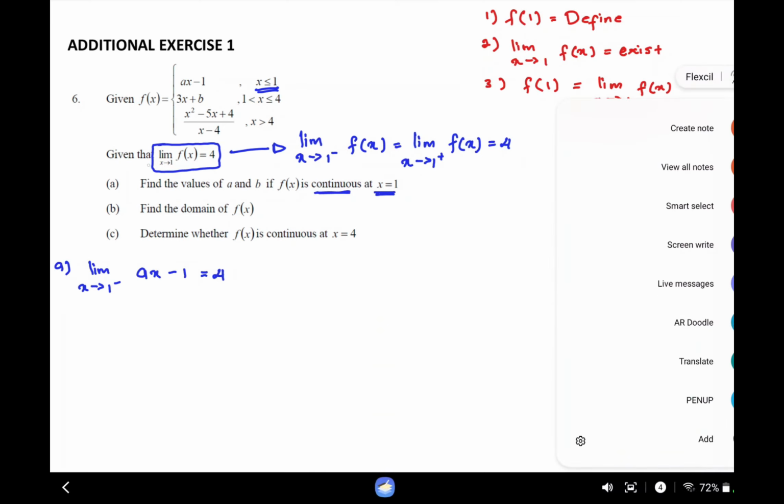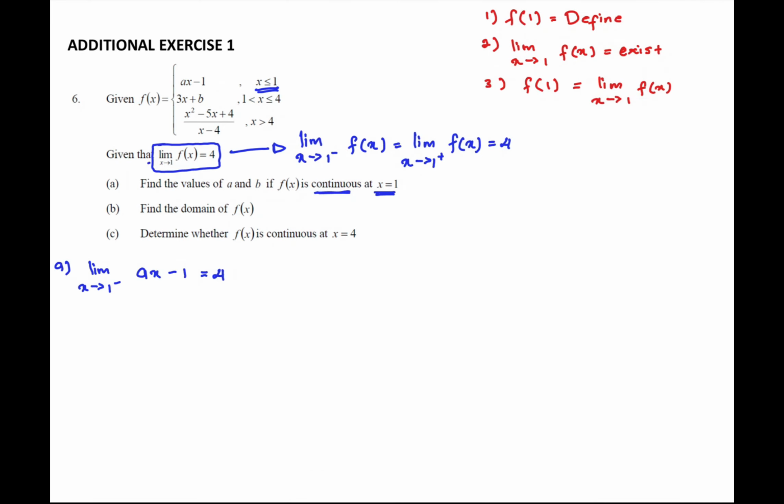Because it's already mentioned that the limit equals 4 as x approaches 1. So when we substitute 1 for x here, we get a minus 1 equal to 4, which is a equal to 5. So we can get the value of a.